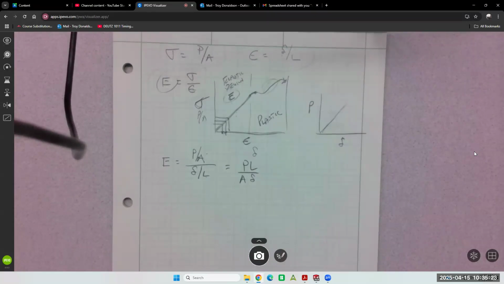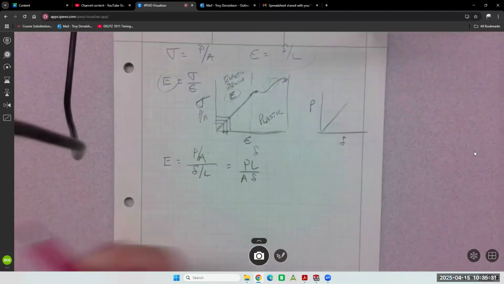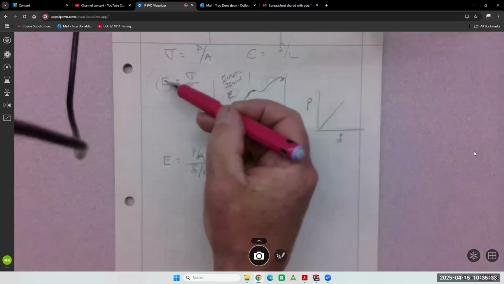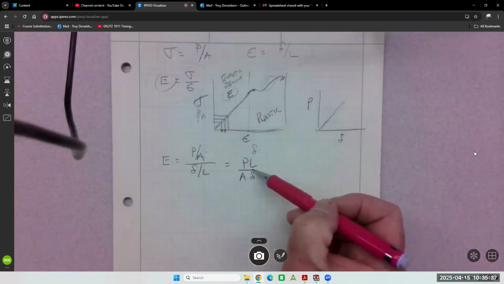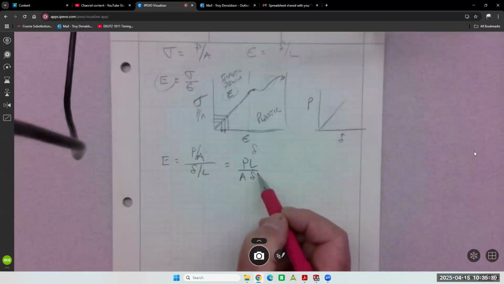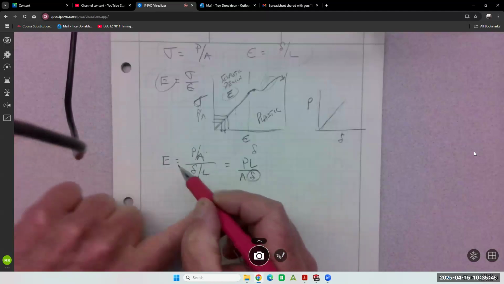The good news is we're getting to a formula you use all the time. So we're kind of just deriving it, which I don't normally do, but I think it's important that you know where this comes from. It comes from this, E equals stress over strain. That's where this came from. And now I'm going to solve it for the thing that we really like to know, delta, which means these two just switch places.